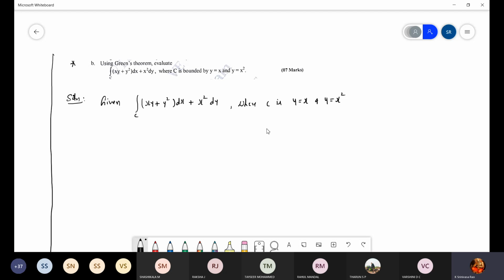This is the standard form of the left hand side, and we have Green's theorem.